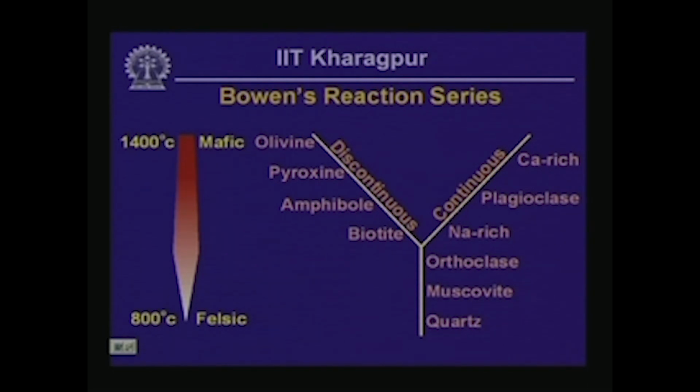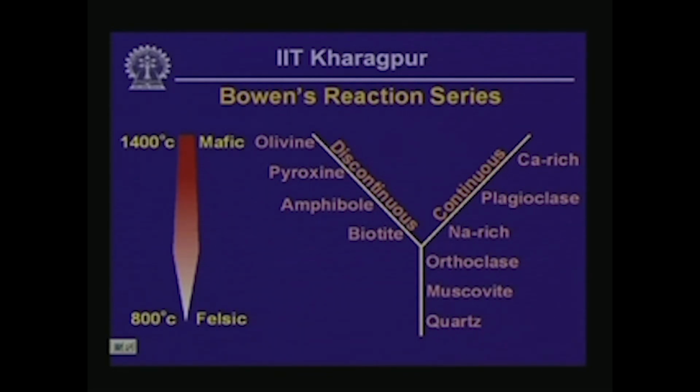What he came up with is a concept called Bowen's reaction series in the early 1900s, and that concept is still used in getting insight about the rock forming processes.